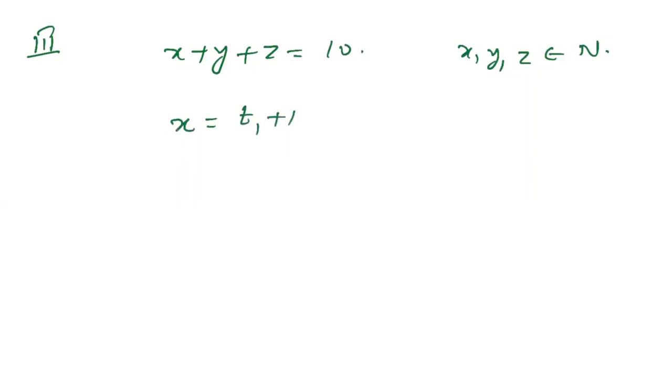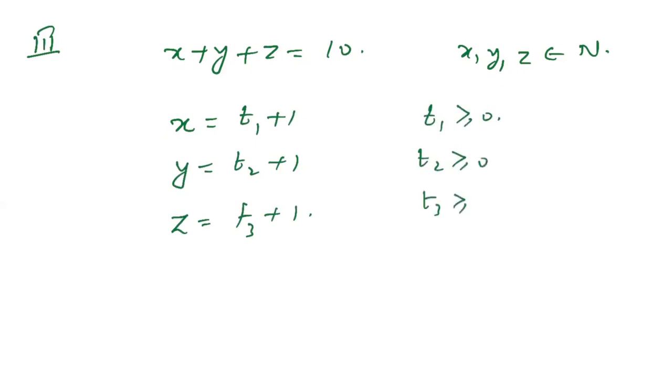The third one: x plus y plus z is equal to 10, x, y, z belong to natural numbers, right? So if I take x as t1 plus 1, y as t2 plus 1, z as t3 plus 1, then t1 must be greater than or equal to 0, t2 must be greater than or equal to 0, t3 must be greater than or equal to 0.